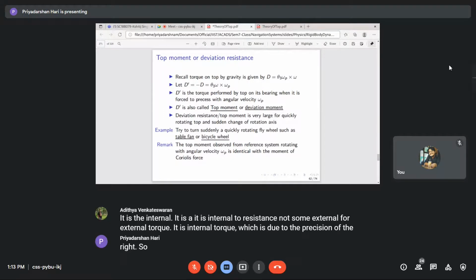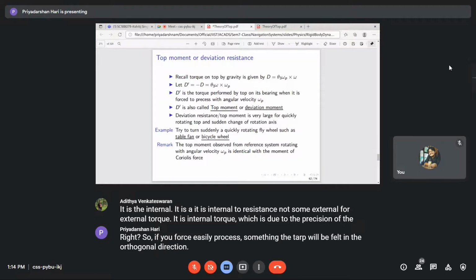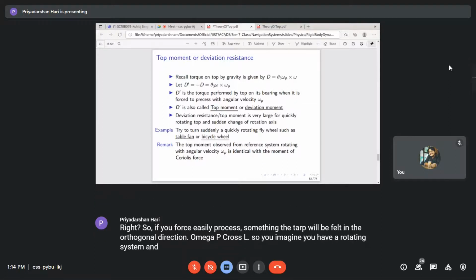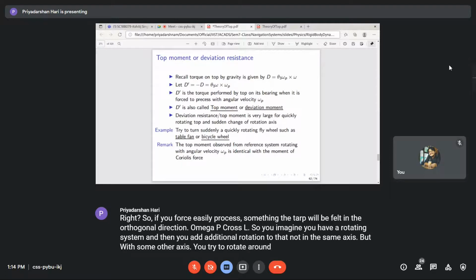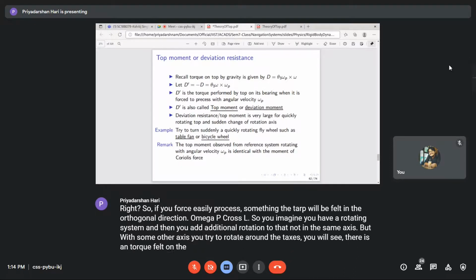So if you forcibly precess something, the torque will be felt in the orthogonal direction, omega p cross L. Imagine you have a rotating system and then you add additional rotation to that, not on the same axis but on some other axis. You will see a torque felt on the axis orthogonal to this, L cross omega p.